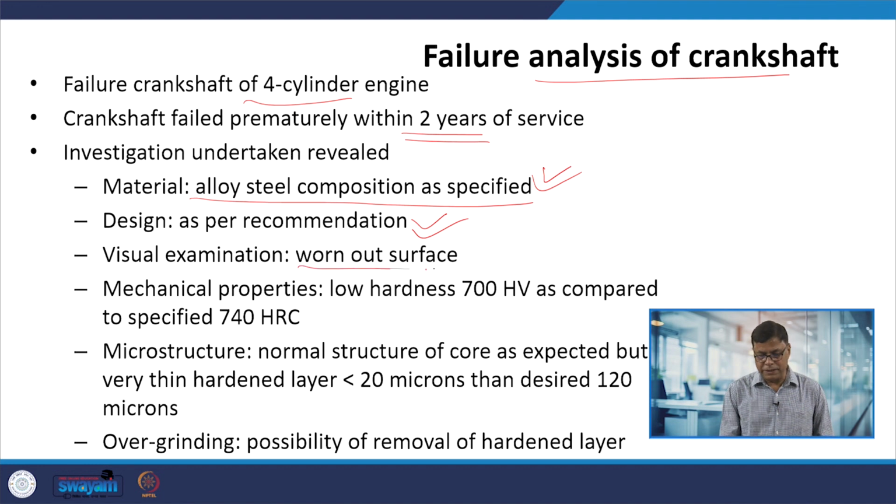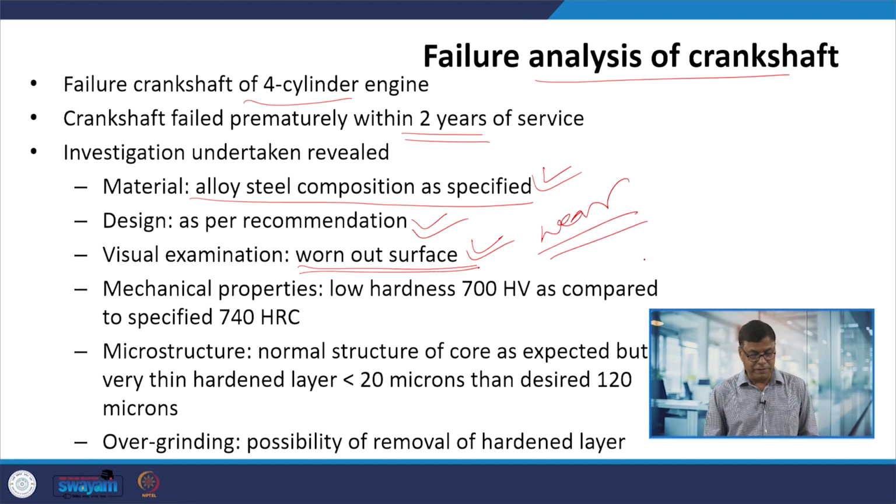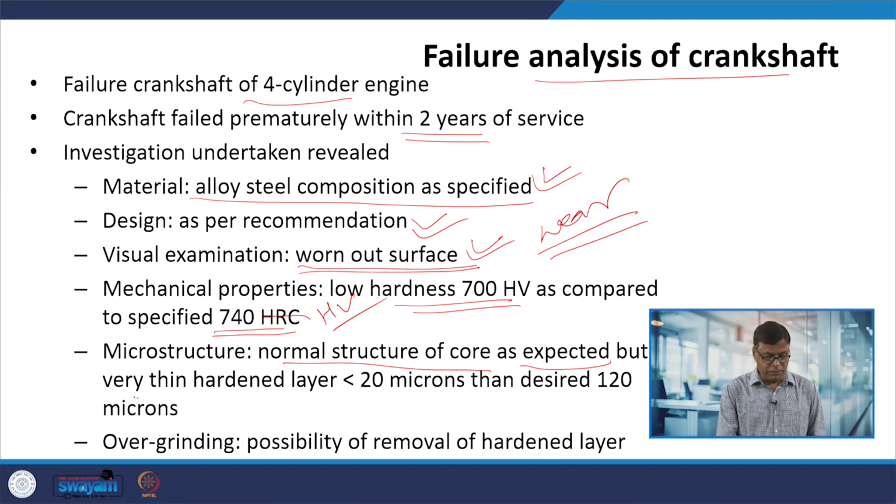Visual examination showed that the crankshaft has worn out zones, meaning wear was one of the mechanisms that led to the failure. The mechanical property study suggested a lower hardness of 700 as compared to the specified 740 HV, and the microstructure showed the normal structure at the core as expected, but a very thin layer of the nitrided zone, because the crankshaft was subjected to nitriding, and the thickness of the modified zone was less than 20 micrometer compared to the specified 120 micrometer.